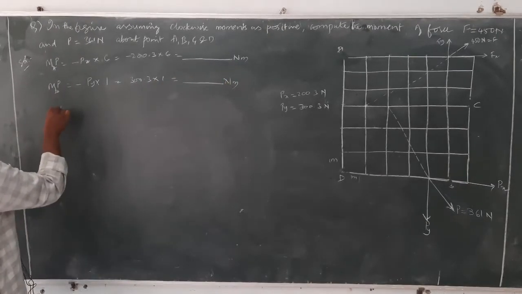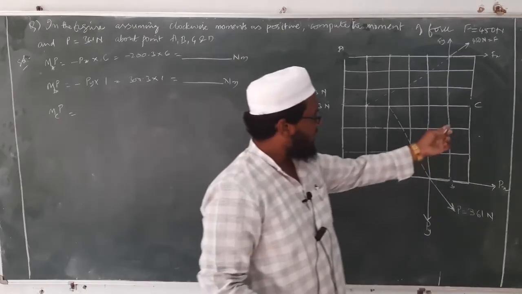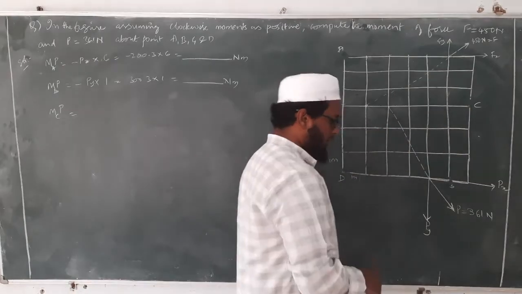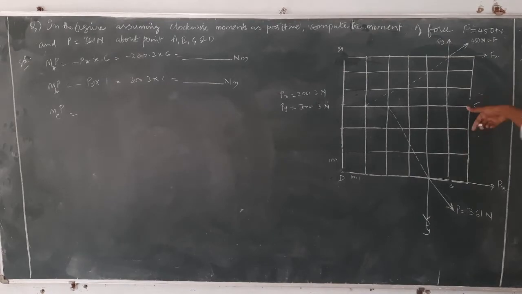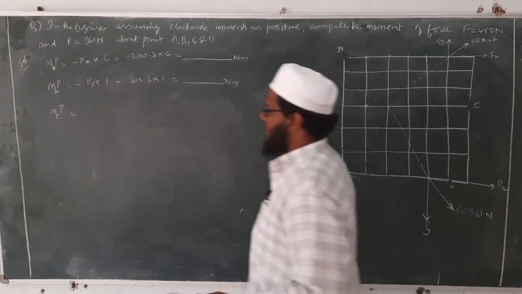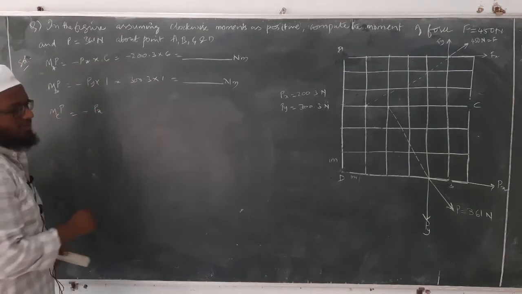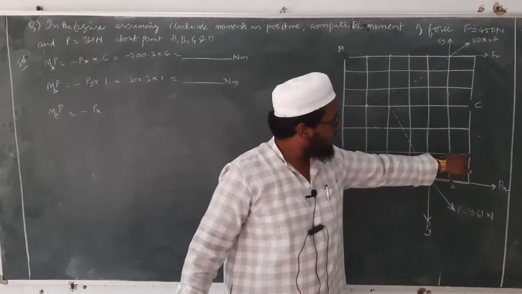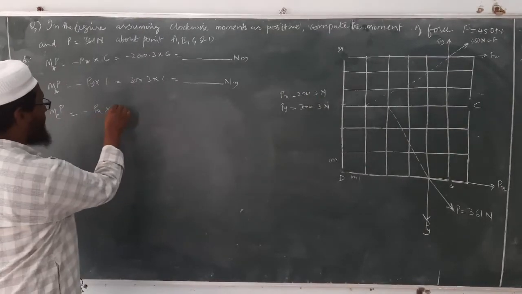Now the moment of P about point C. Where is our point C? Our point C is here. I will keep my thumb on point C and see the force Px. Px is going in the anti-clockwise direction, which means minus Px into the perpendicular distance 1, 2, 3 till C only, so into 3.